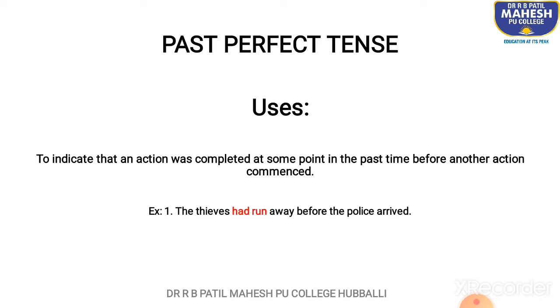Like in this sentence, the thieves had run away. So this is the first action that took place. The police arrived after that, all right? So with that first action, we use past perfect. Because it is the perfect tense, so past perfect, we have to use had with it, and run is the third form of the verb to be used, that is the past participle.